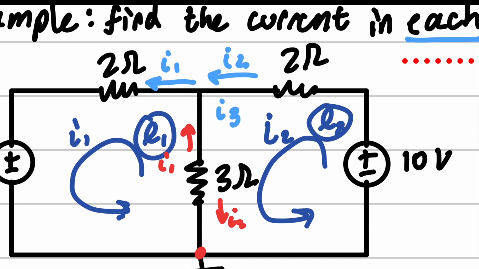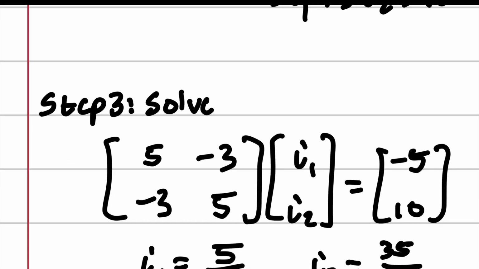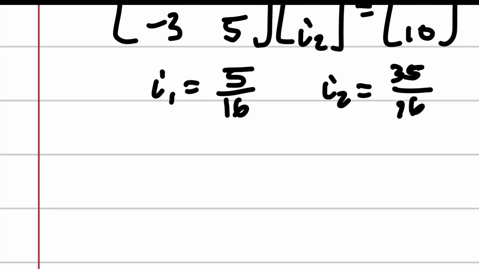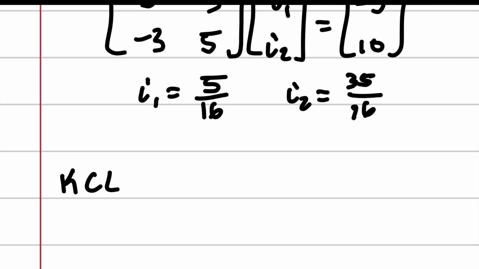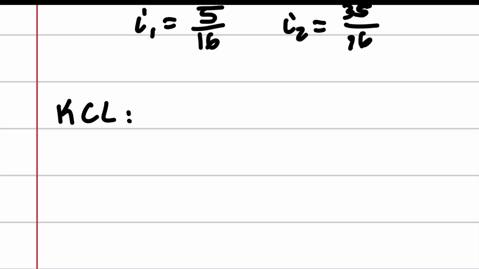Now, how are we going to find the current in I3? Well, we're going to apply Kirchhoff's current law. And we're going to do that by adding up these guys.